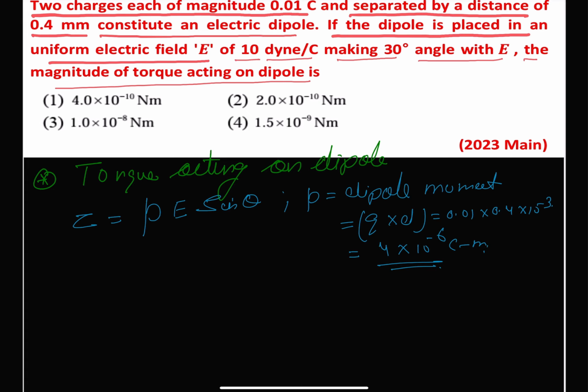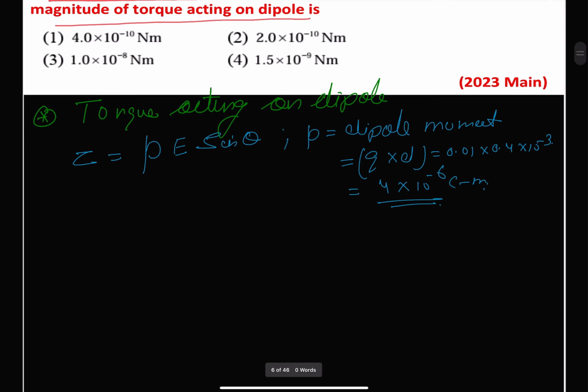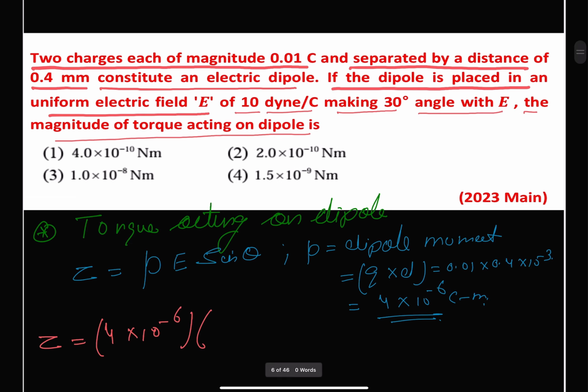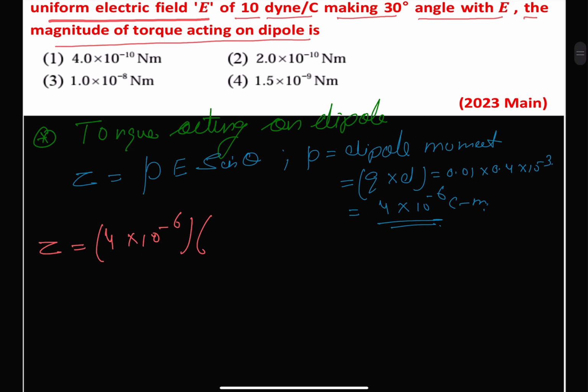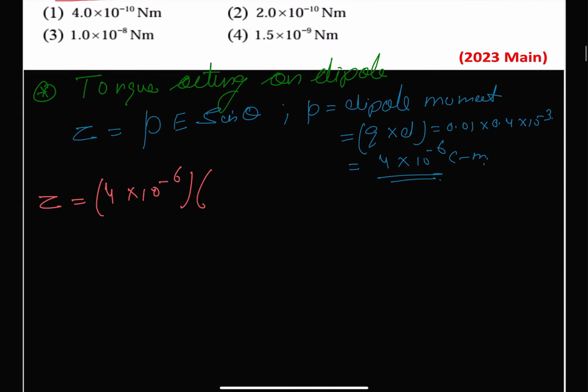We substitute the values. We get torque will be equal to 4 into 10 to the power minus 6. Electric field is given to us as 10 dyne per coulomb. So we can convert into Newton and divide it by 10 to the power 5. So this comes as 10 upon 10 to the power 5 and sine of 30.